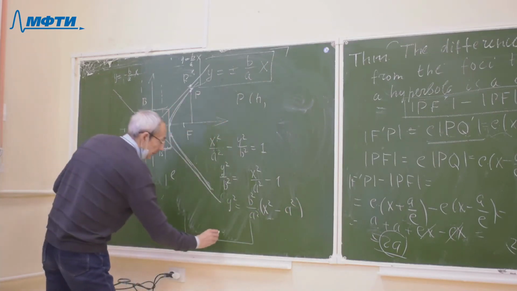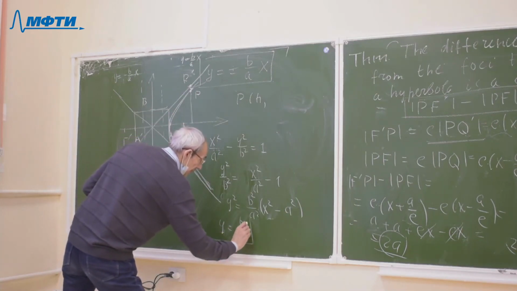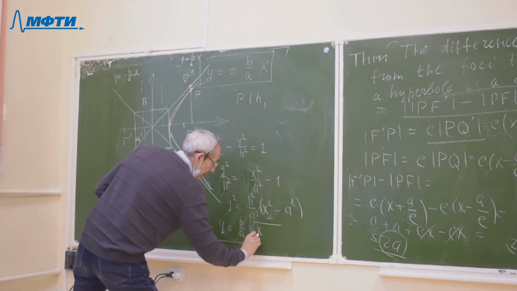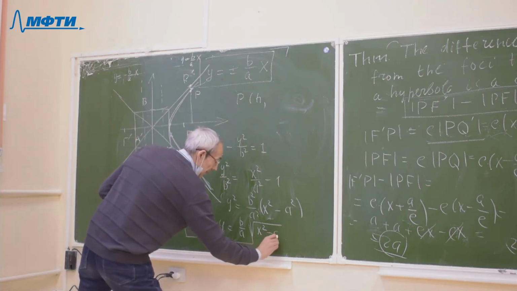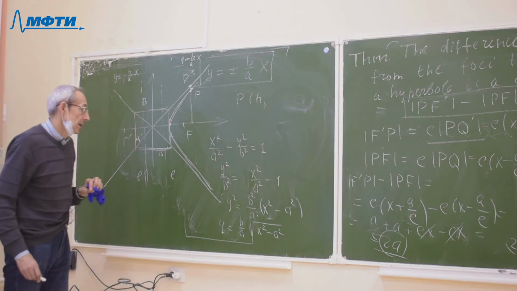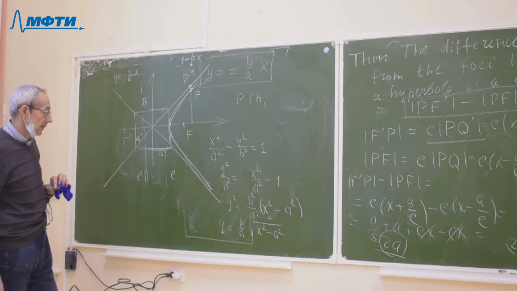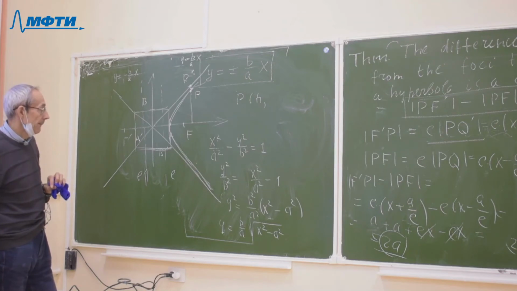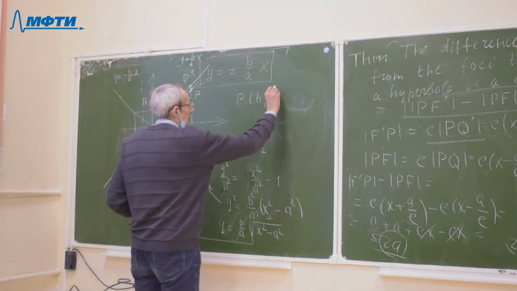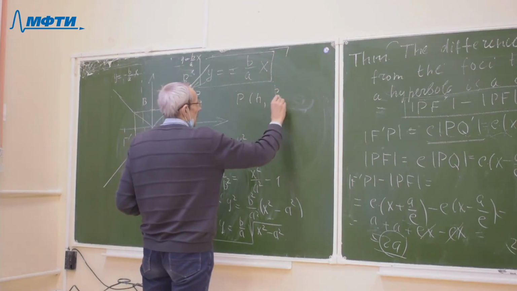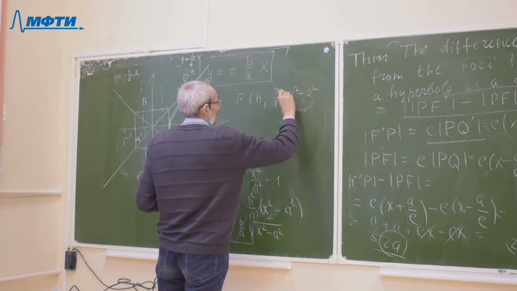And we obtain y is equal to plus or minus b over a times the square root of x square minus a square. The second coordinate is equal to b over a times the square root of x square minus a square.